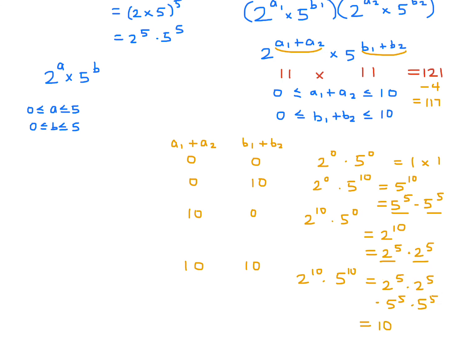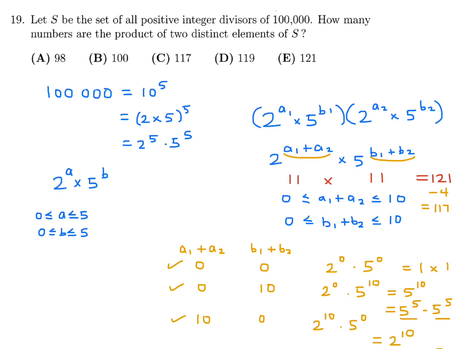So it would be 10 to the power of 5 times 10 to the power of 5. And again, those are the same. They are not distinct. So these 4 scenarios, 1, 2, 3, 4, have to be subtracted from the 121, and when you do, you get 117. So number 19, the answer is C.